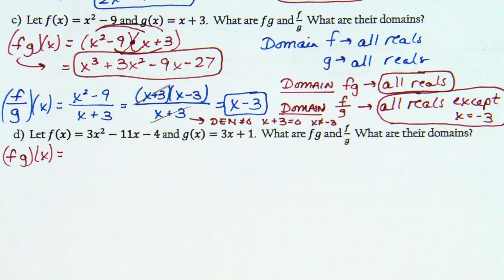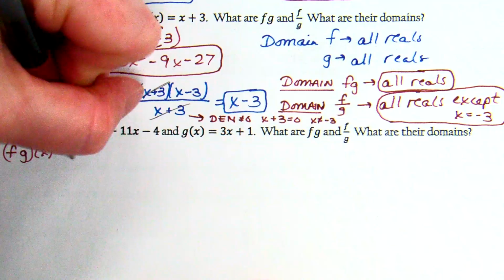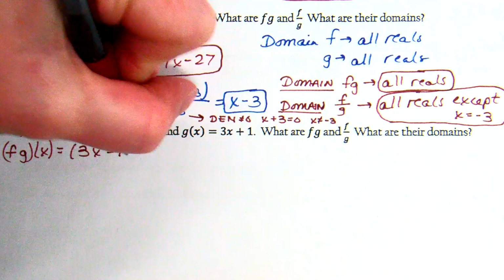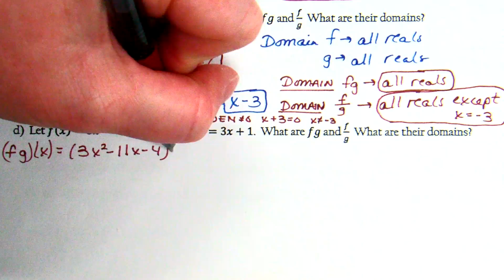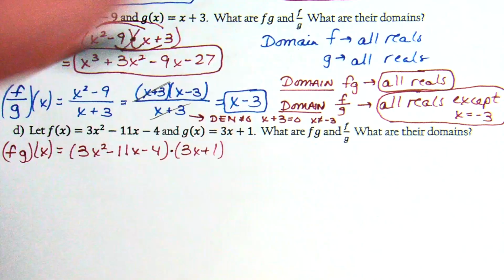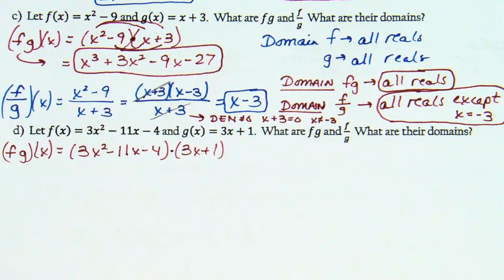F is 3x squared minus 11x minus 4 times g, which is 3x plus 1. What do we need to do here?